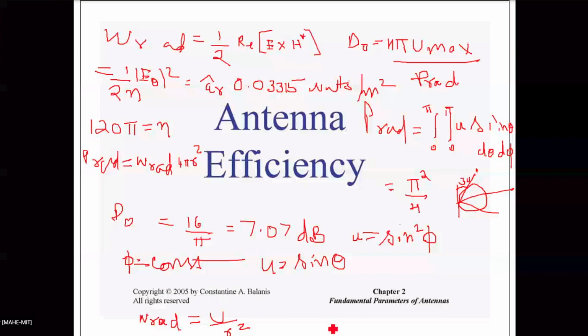How much do we get? Sir, we get 8, or 9.03 dB. That's the right answer.